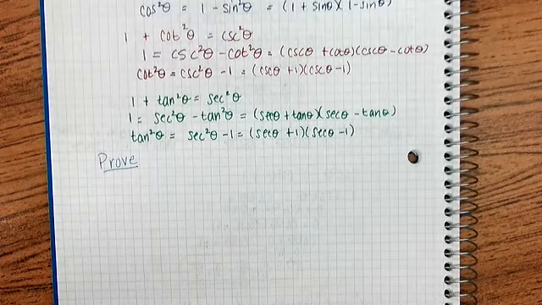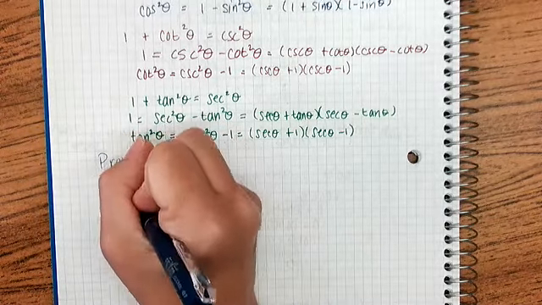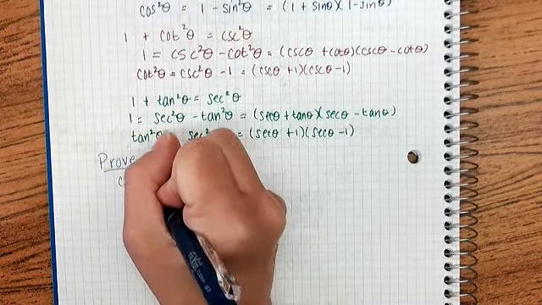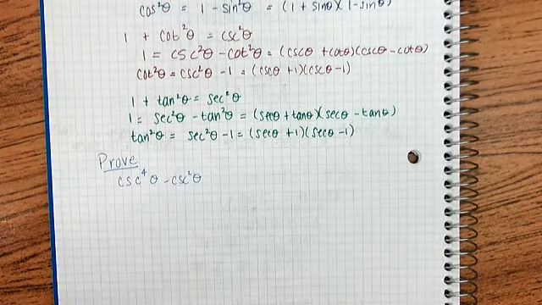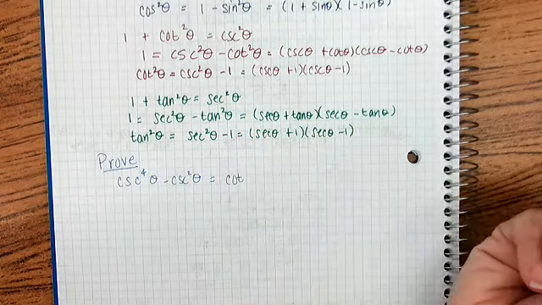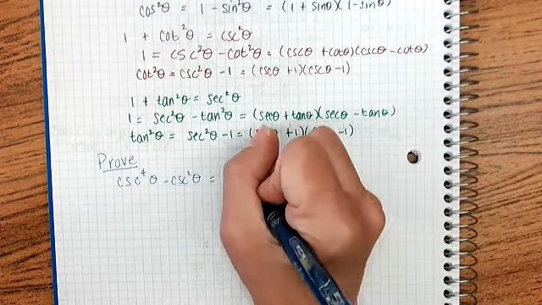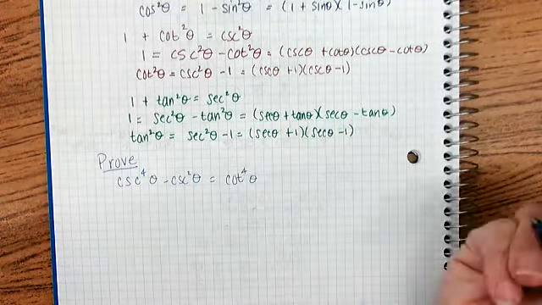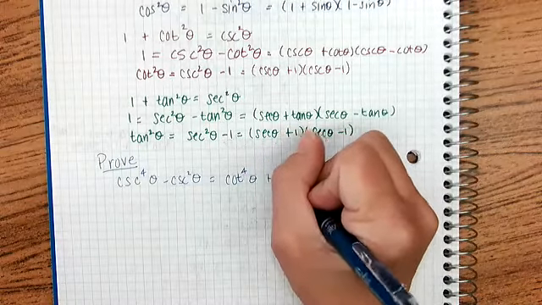Okay, let's say you have something like cosecant to the fourth theta minus cosecant squared theta is equal to cotangent to the fourth theta plus cotangent squared theta.